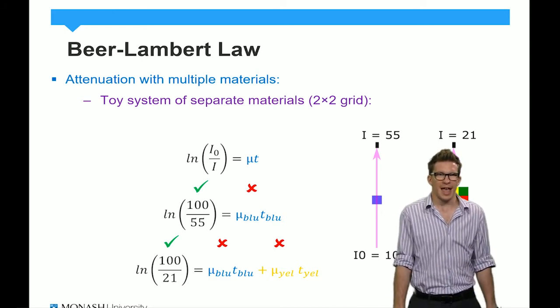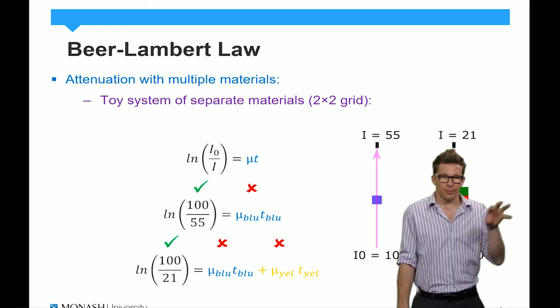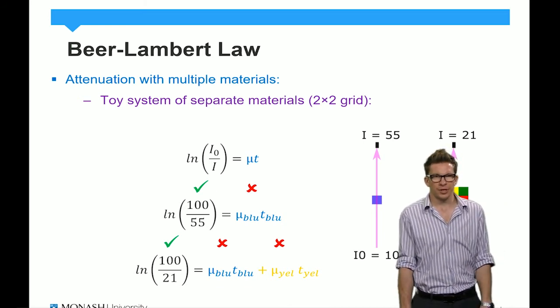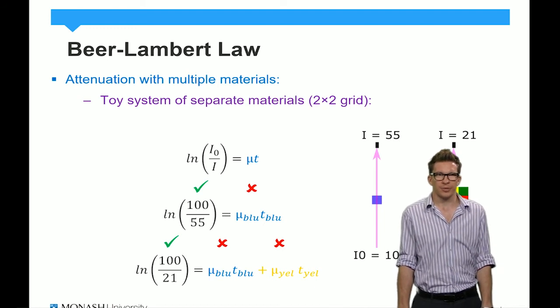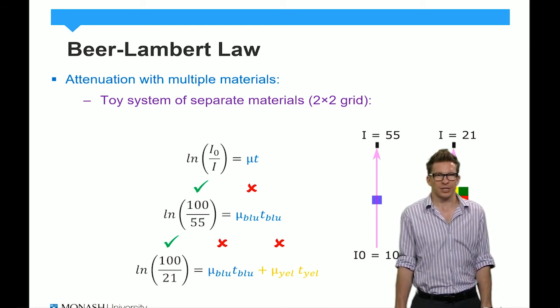There's a plus sign there, they're additive. But now we know what's on the left-hand side, but we have two unknowns on the right-hand side. We don't know the product mu T of the blue material or the product mu T of the yellow material. So because we have two unknowns, we can't actually solve this equation.